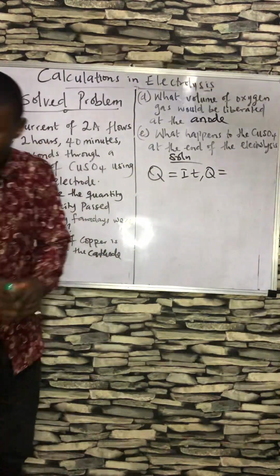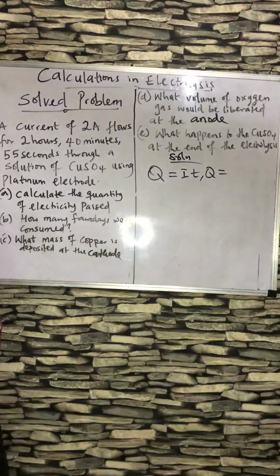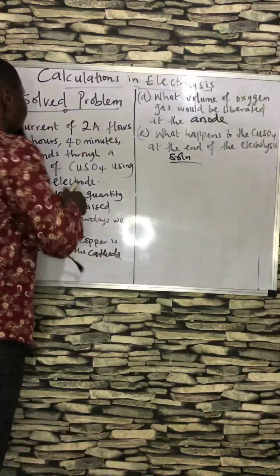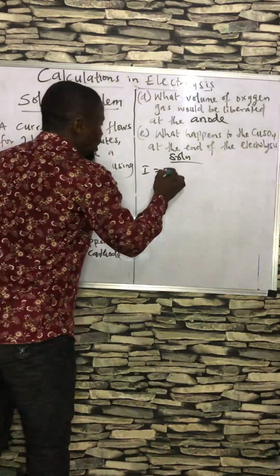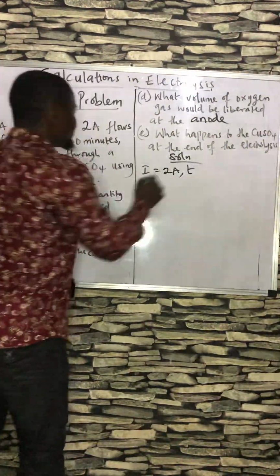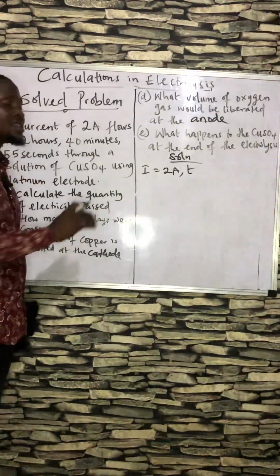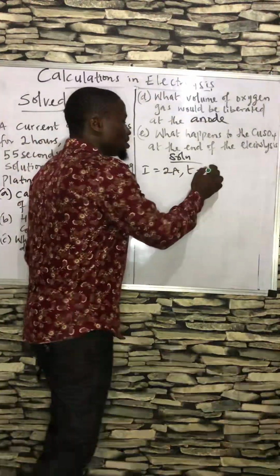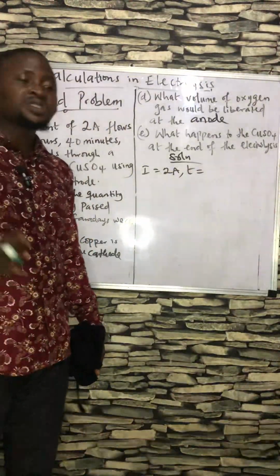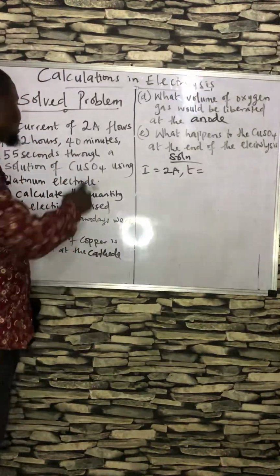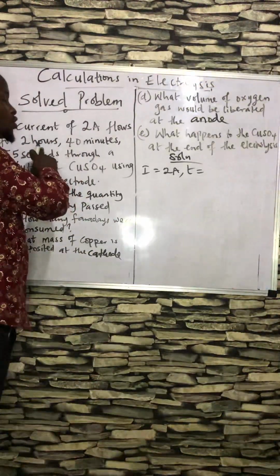Alright, before we actually solve this, we've got to write out the variables or the parameters. In this case, our current is 2 ampere. Our time should always be in seconds. In fact, this is a question that should teach us how to convert all our time to seconds. We have 2 hours.